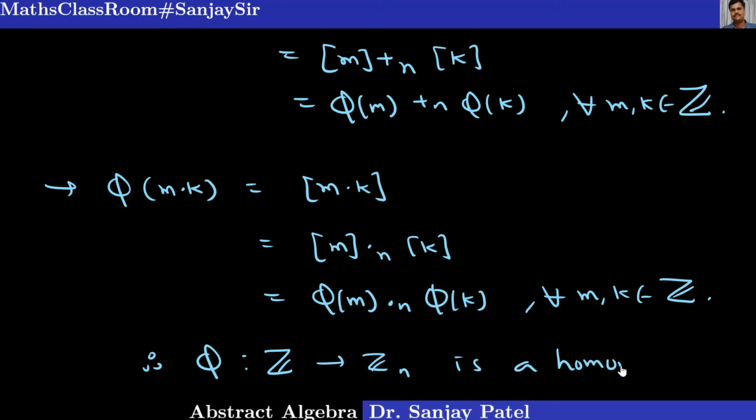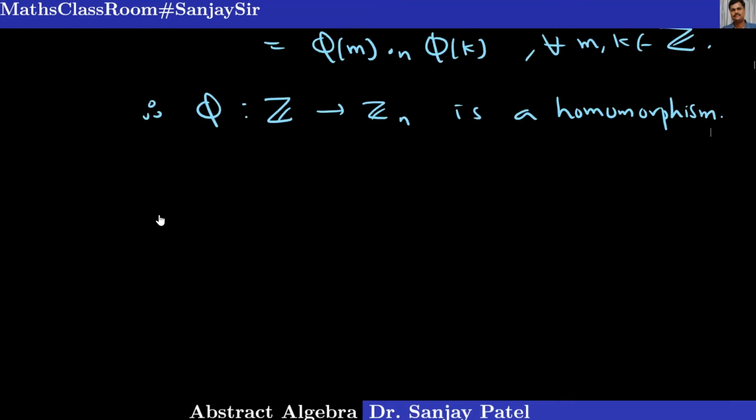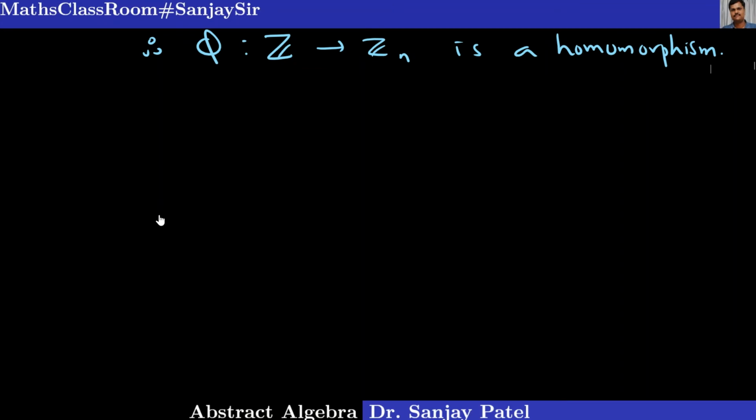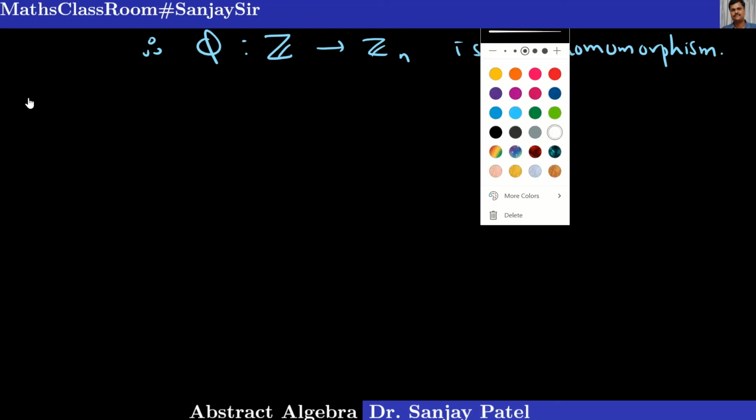A very important example. Okay, so we have done these three examples. Let me take one more very important example about homomorphism. So next, I'm going to take problem number 4.